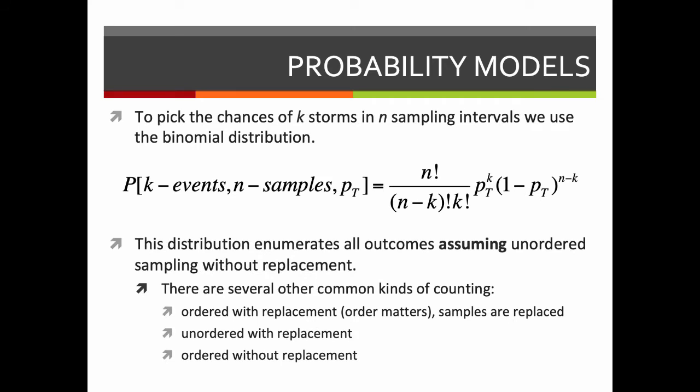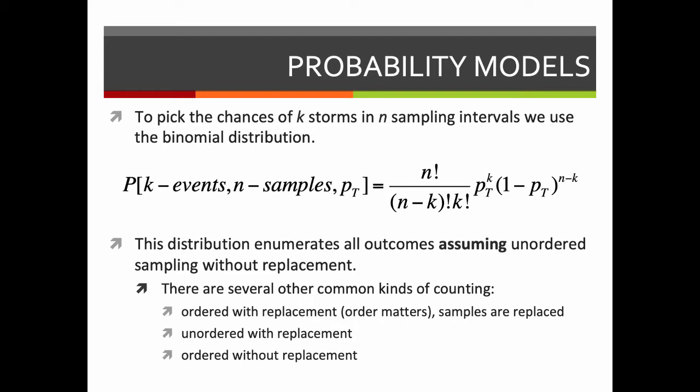So one probability model is, at some point there's too many possibilities to conveniently enumerate. We can't build tables like that. And in that case, if we're trying to find the chance of observing k storms in n sampling intervals, we can use the binomial distribution.